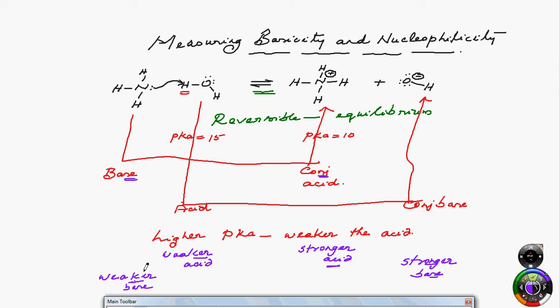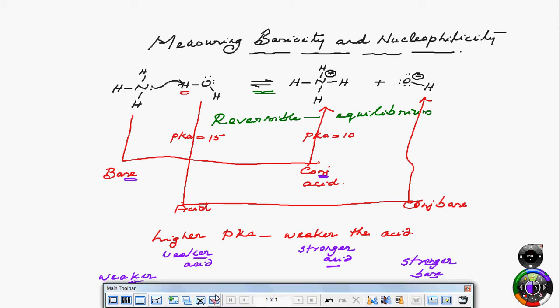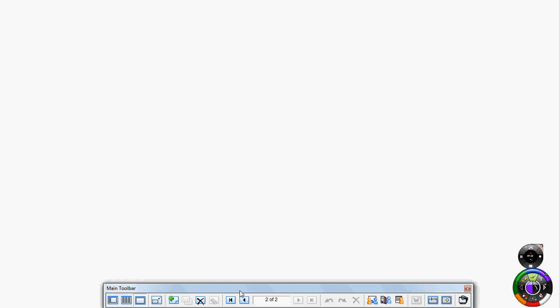But in the case of nucleophilicity, is this possible? Let's look at the reaction once again. OH minus carries a negative charge. The same reaction which we had discussed while discussing nucleophiles and bases.